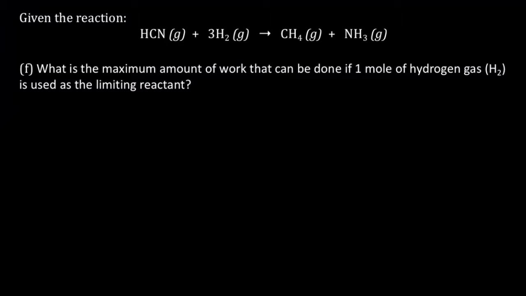Remember, we said that one definition of Gibbs free energy is the portion of the enthalpy change, or the maximum amount of energy that can be freed to do work, like electrical work or osmotic work or nerve impulses, muscle contractions. Here the question asks, what's the maximum amount of work that can be done if 1 mole of hydrogen gas is used as the limiting reactant?